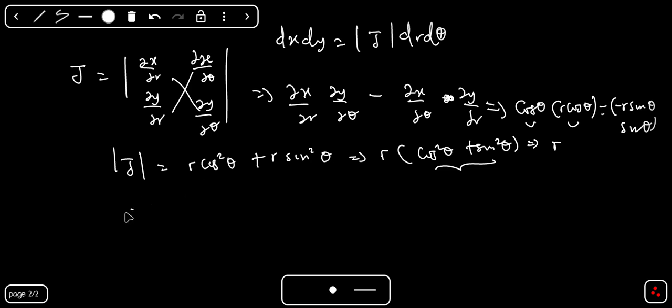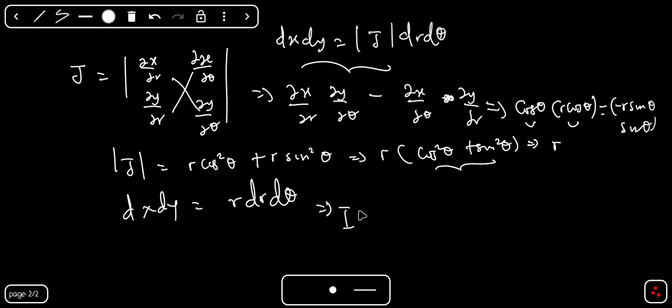Okay. Then, using this formula right here, dx dy is equal to the determinant, which is r, multiplied by dr d theta. So that is beautiful. We're going to rewrite the integral I squared as follows. So before we move to the new page, let's do it here. We're going to have I squared equals the integral from 0 to 2 pi.